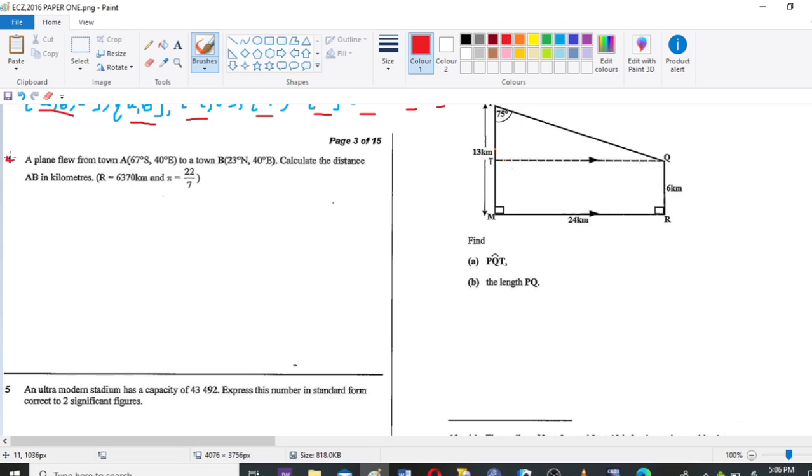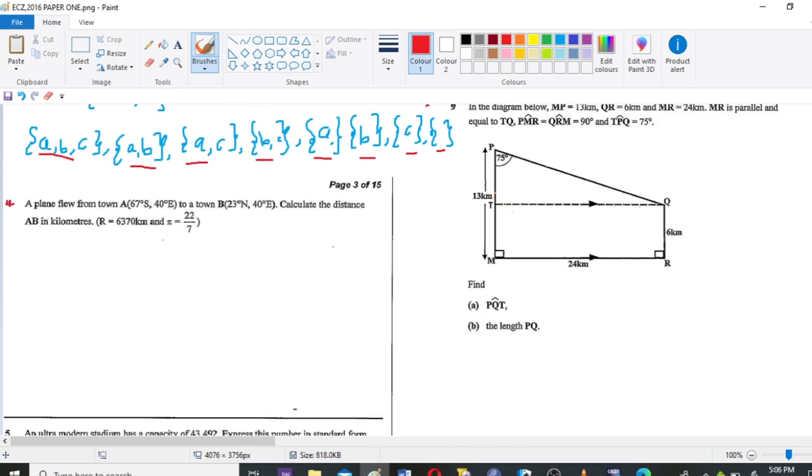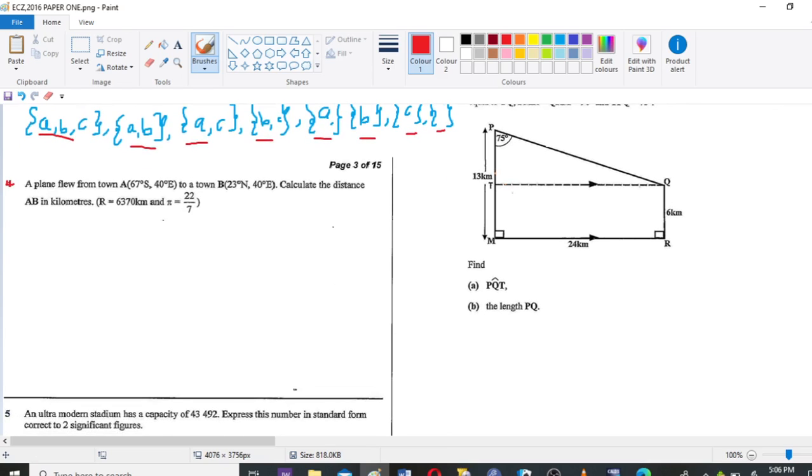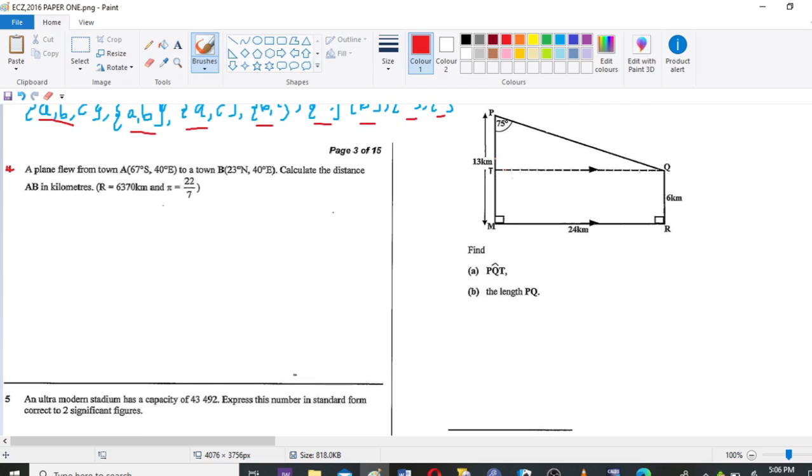It says a plane flew from town A, which is on latitude 67 degrees south, longitude 40 degrees east, to town B, which is on latitude 23 degrees north, and longitude 40 degrees east.